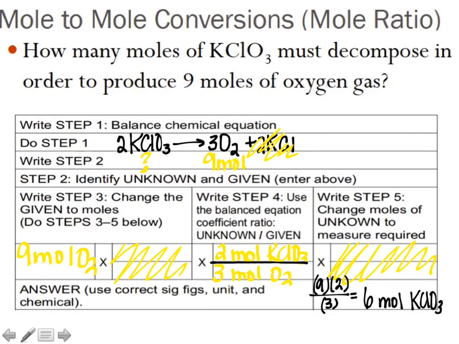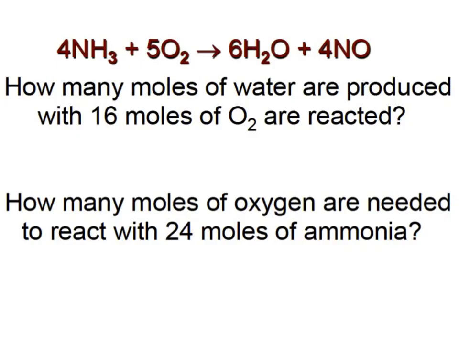Questions? We're going to go to a point where we do not have this here. We're just going to work without that. All right. So 2 more and then we're done. How many moles of water are produced when 16 moles of oxygen are reacted? So we've got our balanced equation, and now all we have to do is identify our known and our unknown. So our unknown, moles of water. So I'm going to put a question mark under moles of water.